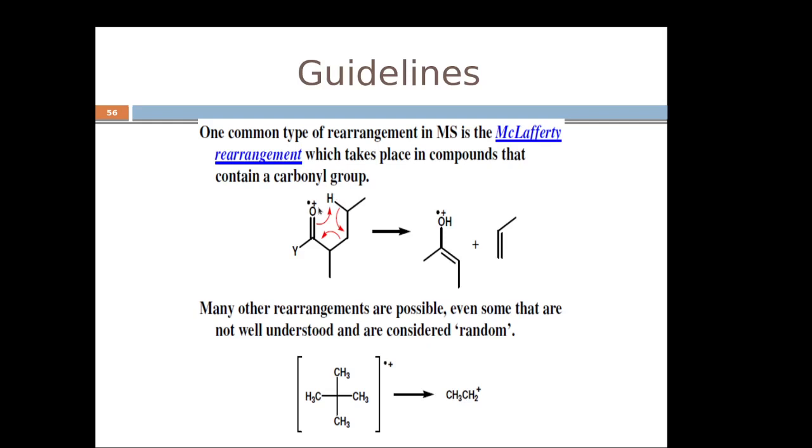Then in that case, this oxygen can take up this gamma hydrogen, forming OH dot plus, and in that process we get a double bond right here, and this bond will be broken, forming a neutral alkene species here. So this one is a very predictable McLafferty type rearrangement which is usually observed in carbonyl compounds.